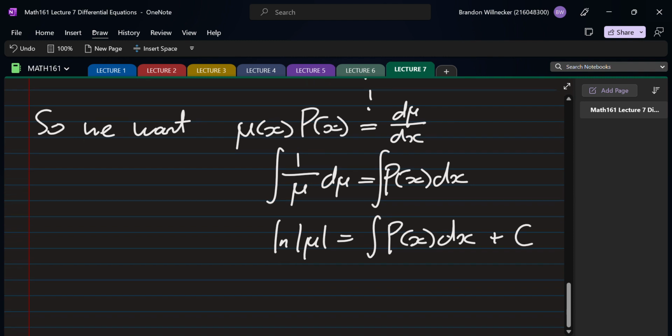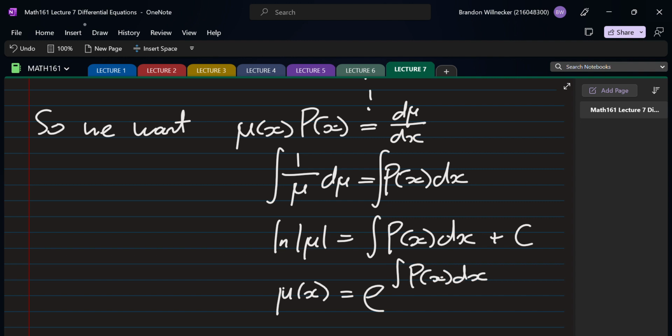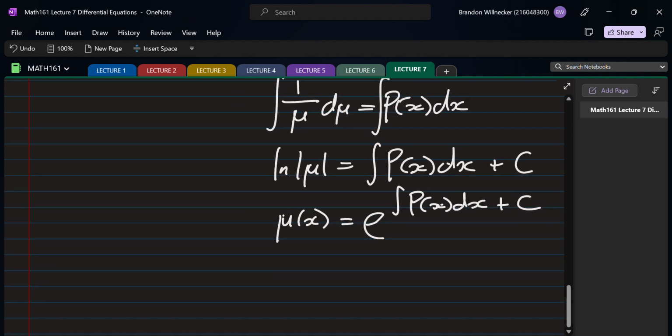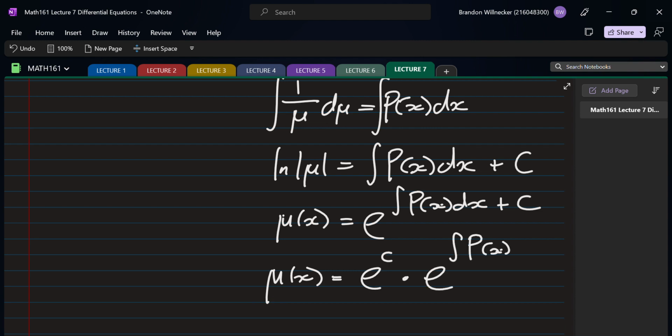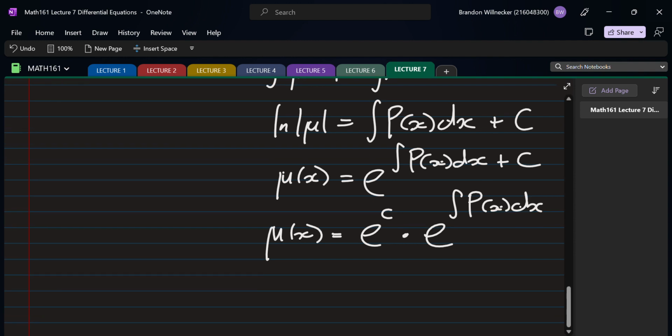We can undo the logarithm with exponentiation, so we have mu of x is equal to e to the integral p of x dx plus c, and then the plus c in the exponent there, we can separate that out to be a multiplicative constant. So we can have mu of x is equal to e to the c times e to the integral p of x dx. Okay, c is a constant, so e to the c is a constant.